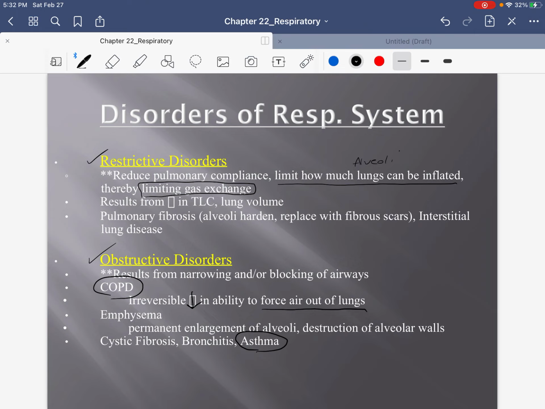They're able to expand a little and then come back. If something reduces pulmonary compliance, for whatever reason, the alveoli aren't able to expand as much, or they're not able to recoil as much. The biggest example of this is probably pulmonary fibrosis.